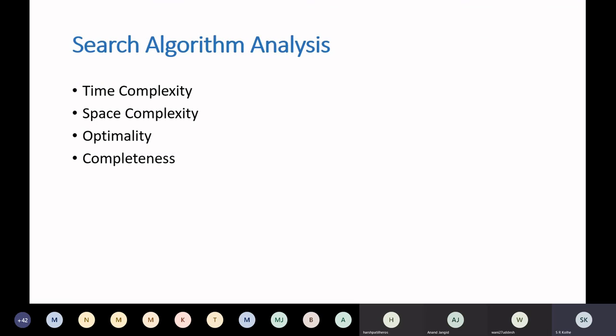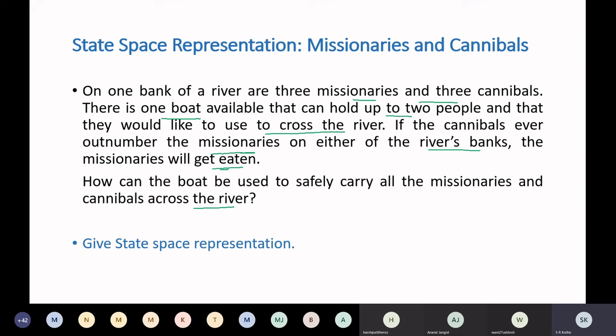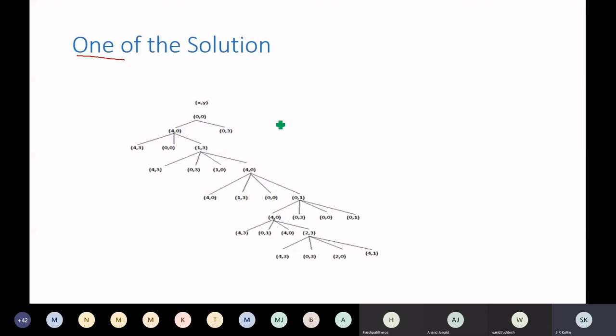So the last topic now in this lecture is search algorithm analysis. Whatever we have discussed, state space representation, generates a state space something like this. And this problem in artificial intelligence is modeled as a search problem, we call it state space search.